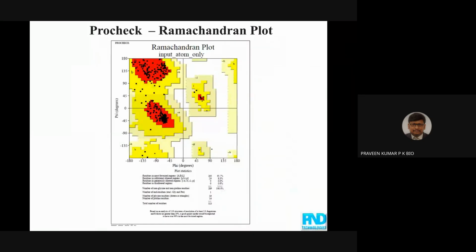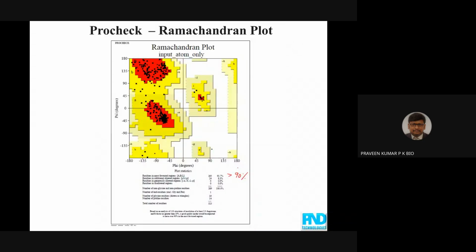Earlier we had one like this, from the PROCHECK tool, which is of course a part of ab initio prediction. In this kind of result, the most favored region shown is 91.7 percent. Since this is above 90 percent, the protein structure we have predicted is of high quality.